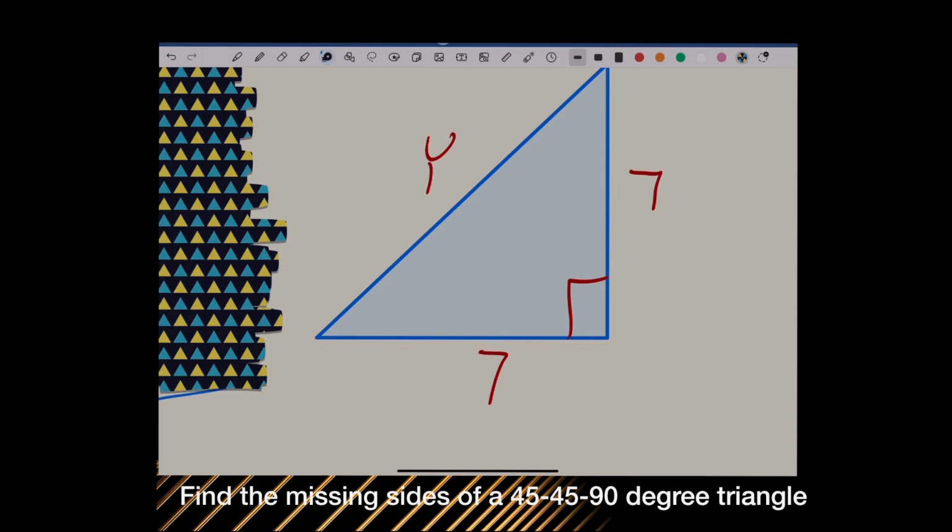Break 98 down and do all of that fun stuff. Or I could say that y is equal to 7 times the square root of 2, because it's the leg times the square root of 2. And that's our rule for a 45, 45, 90.